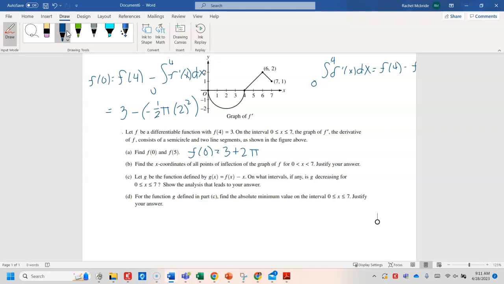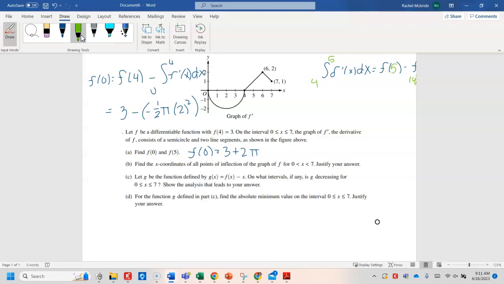F of 5 is just going to be taking the values here and manipulating them again so that I have 4 to 5 now, which means this is f of 5 minus f of 4.